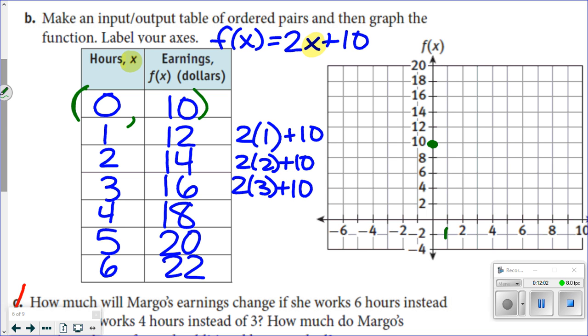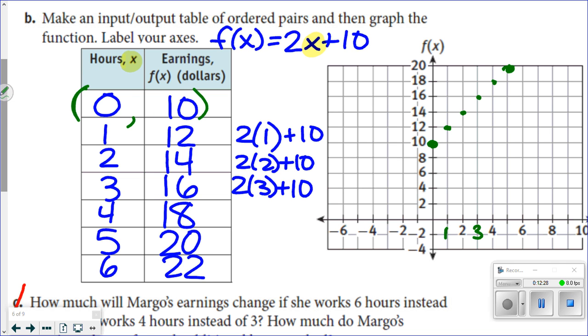Here's a 1, here's a 3. Sometimes they don't write them all in. So I'm going to go over to 1, up 12, over 2, up to 14, 3, 16, 4, 18, 5, 20, and 6, 22 is not on my graph.